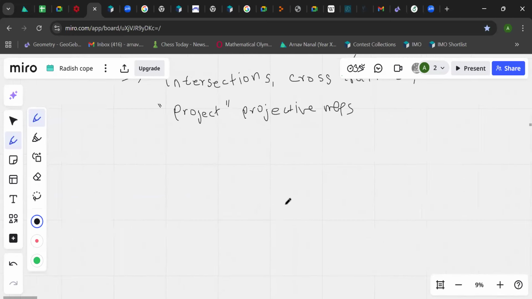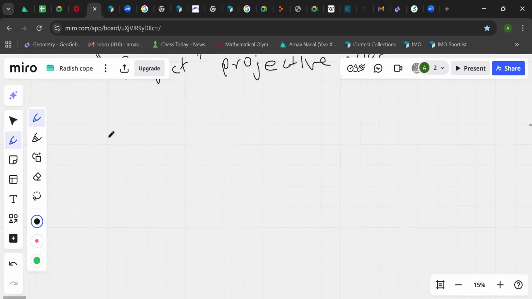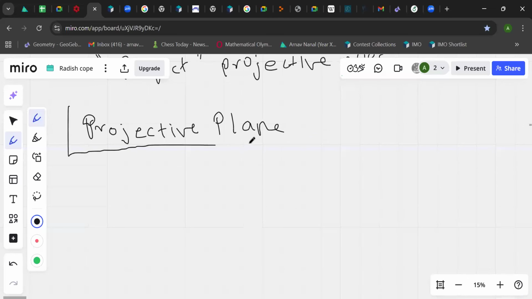Another main difference is we'll start with something called the projective plane. This is something which is a bit abstract. I mean, it's not abstract, it's very intuitive if you think projectively. It's abstract if you think in Euclidean geometry.